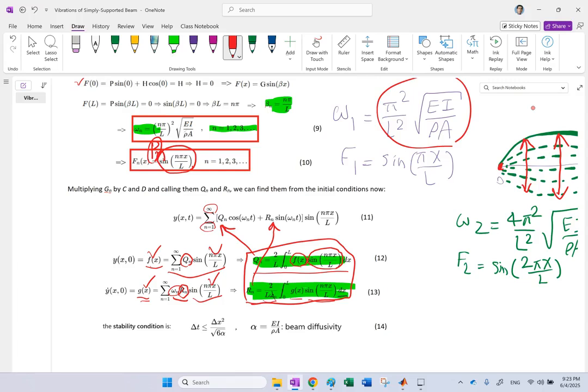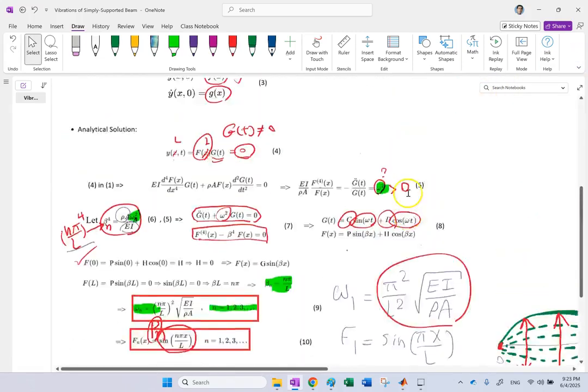G depends on the initial speed. If the initial speed is 0, so g is 0, then all the Rn's, which are the sine waves, will be 0, so you only get a cosine term. Okay, so this is the analytic solution.